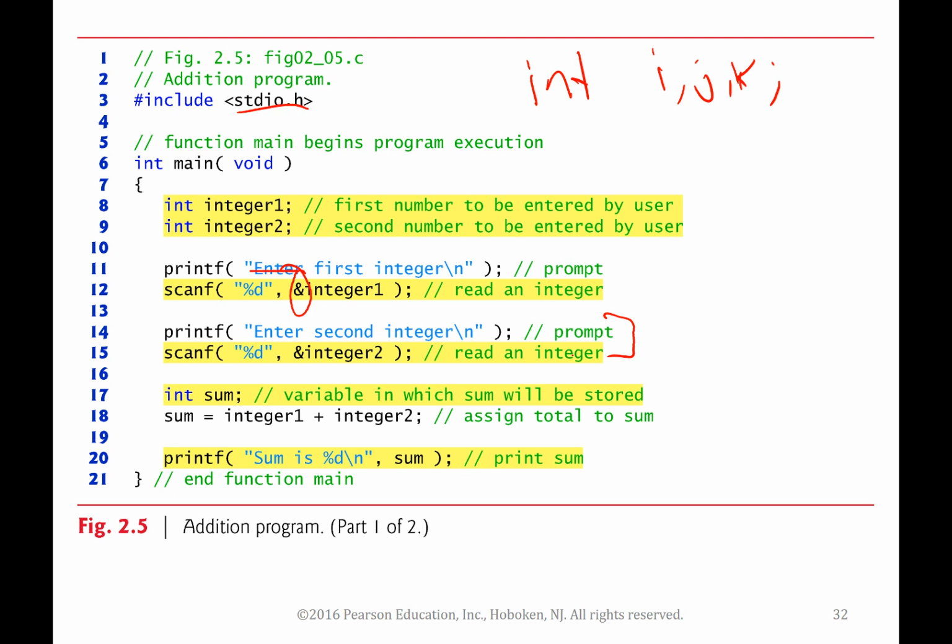So we prompt with the printf statement, and all the printf does is tell the user what to do. And then the scanf goes and reads the keyboard and gets the data and places it in the location. So we do this for both integer 1 and integer 2.